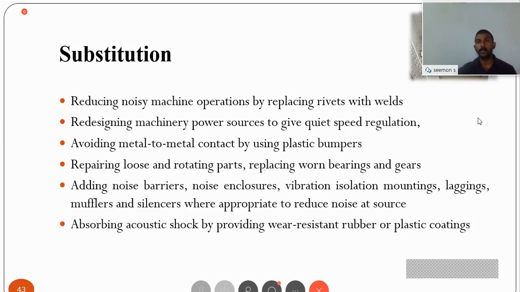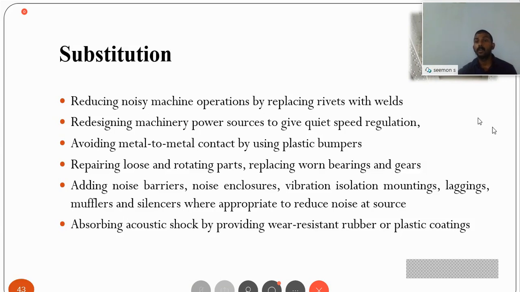Rivet joints are mostly seen in railway bridges and railway overbridges. Instead of these rivets, we could use welds, which will reduce the sound. If rivets are provided, there are chances of higher shaking and higher levels of noise. With the substitution method, instead of rivets, we can use welds.